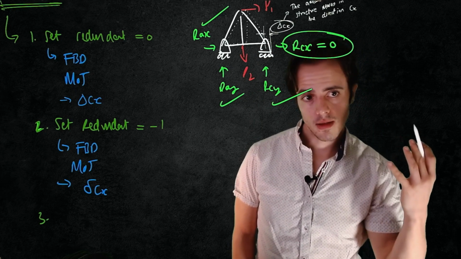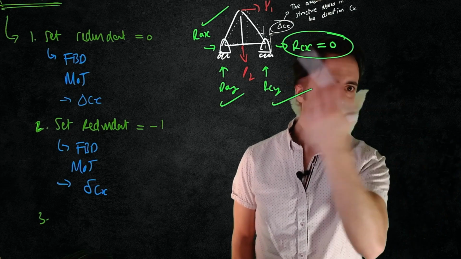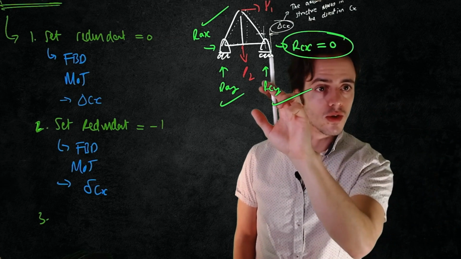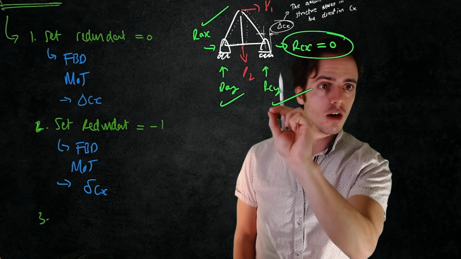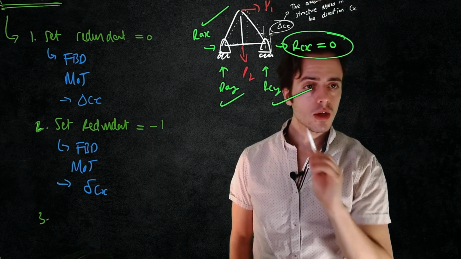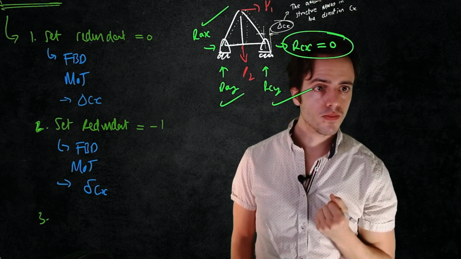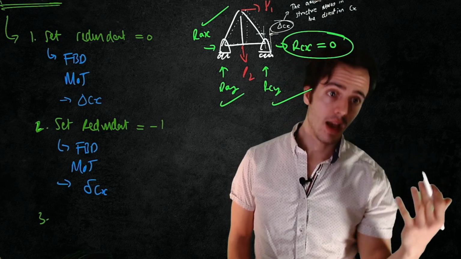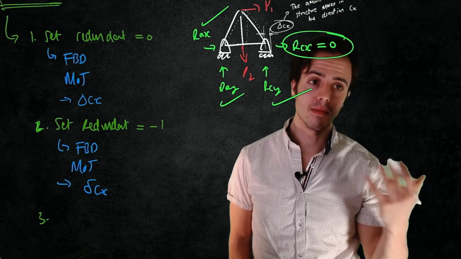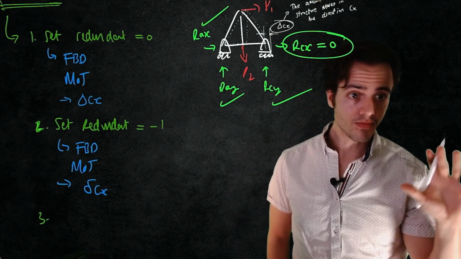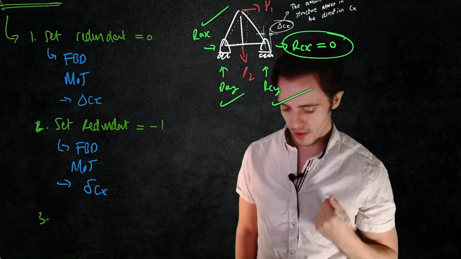So it follows that for a linearly elastic structure, which we're always going to have, then 1 Newton is half the required value to maintain equilibrium due to P1 and P2. Okay, so it follows that taking that 0.5, multiplying it by 2, gives us the actual reaction of 2 newtons.